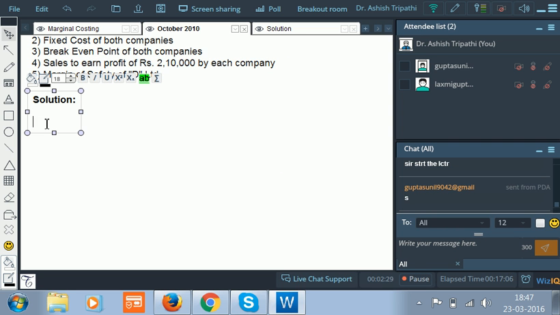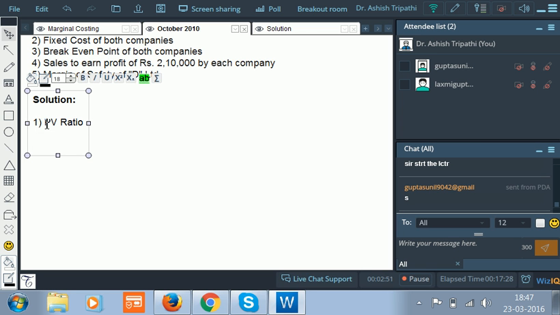The first thing that they are asking is PV ratio of both companies. The formula for PV ratio is contribution upon sales into 100.